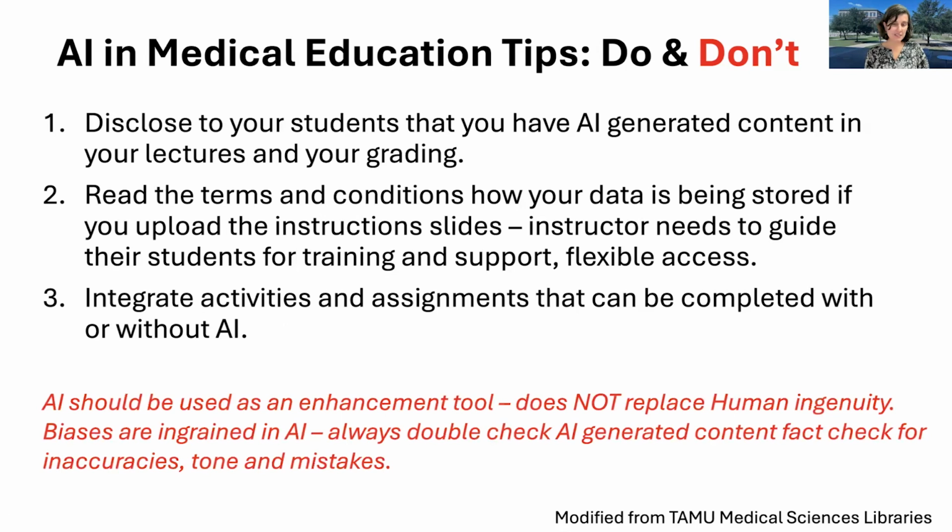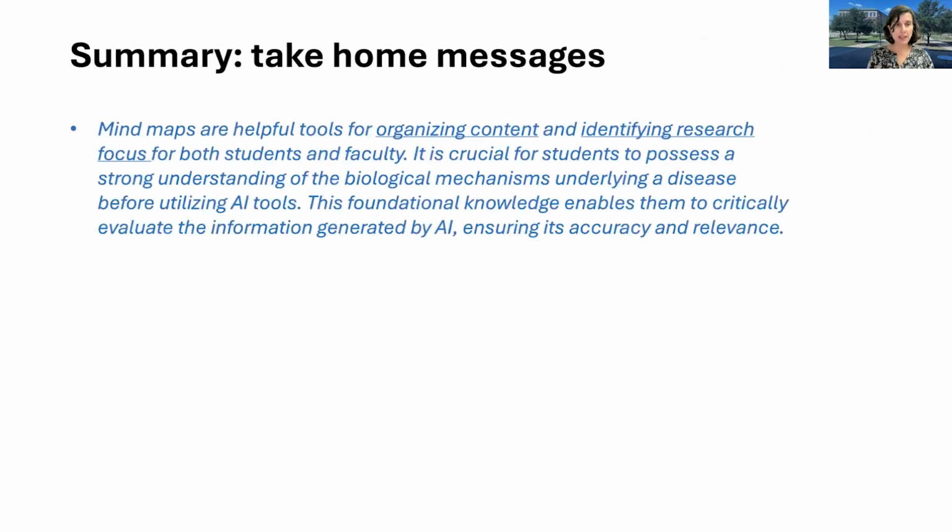So in summary, the takeaway here is that AI is a tool, but human creativity and the thinking process is not replaced by the machine. And it's super important to fact check those hallucinations that can happen.